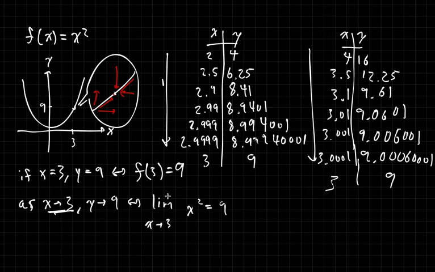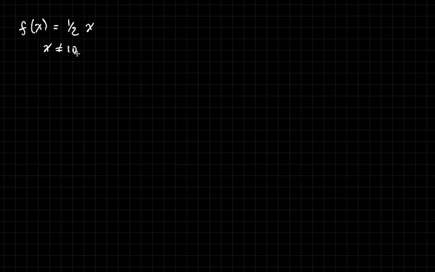So here's an example where they may not necessarily be the same thing. Okay, so let's say I have a function now, and it's 1/2 x. But there's a special condition. The condition is that x cannot equal 10.